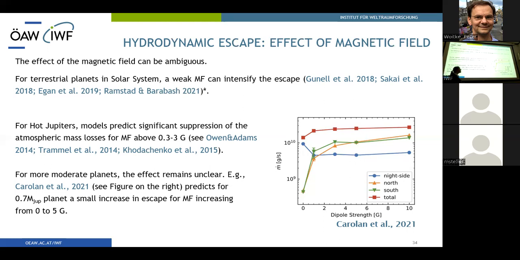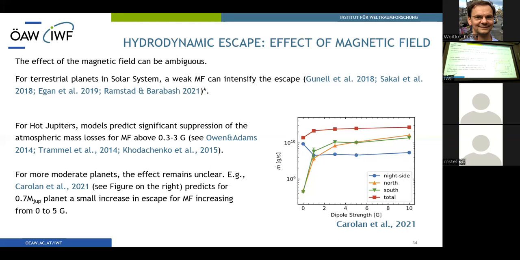Here is the simulation for a sub-Jupiter planet, where the green and yellow lines show the escape through the poles, and the blue line shows the escape from the night side, so the tail. And one can see that with increasing dipole strength, the escape through the poles intensifies, while the escape through the night side decreases. But in sum, it can even lead to an increase of the atmospheric mass loss rate.